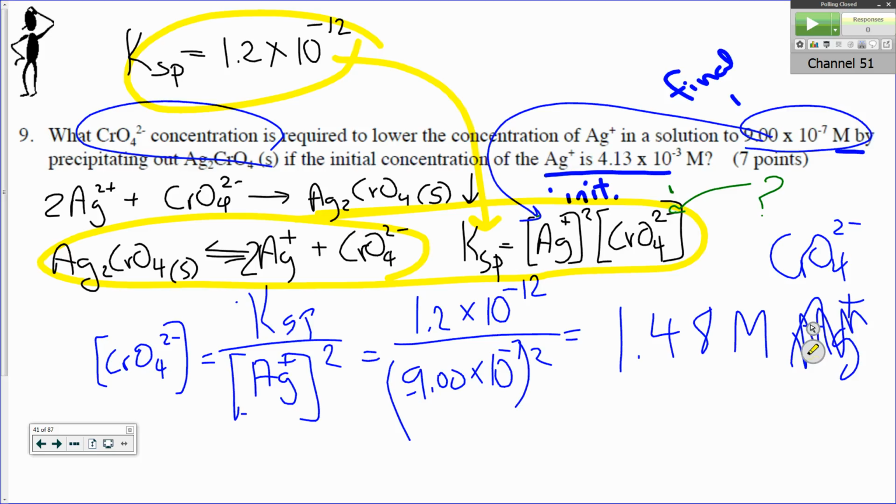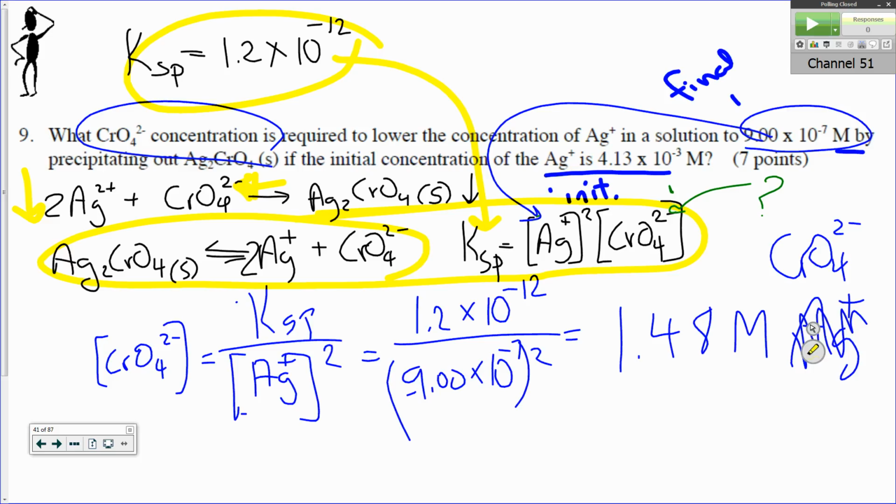So this is what's going to cause the concentration of the silver to reduce as that reaction goes forward. But we have to realize we continue to add to a point that's governed by the solubility equilibrium. Yeah, because even though we're forming this, some of it's going to go back into solution.